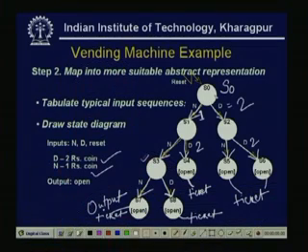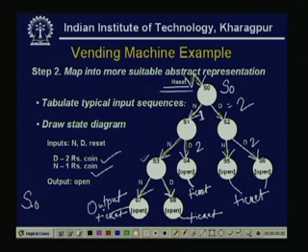Now, see, I start with this state S0. Again, this is after resetting; every time the machine should start from this S0 state. This is called the initial state or the starting state.